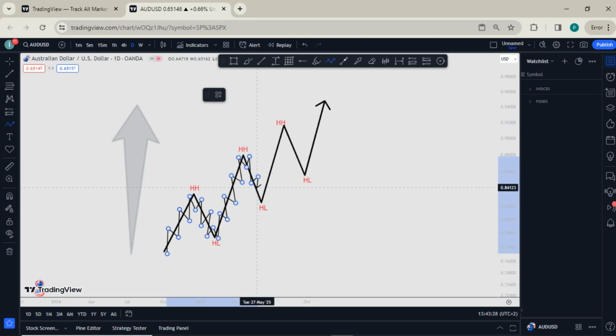What I'm drawing now is an example of price action on a lower time frame. It's going to be something like this. I'm going to change the color so you don't get confused.